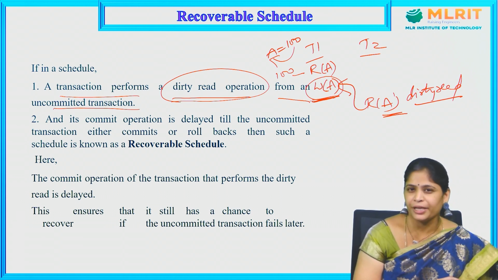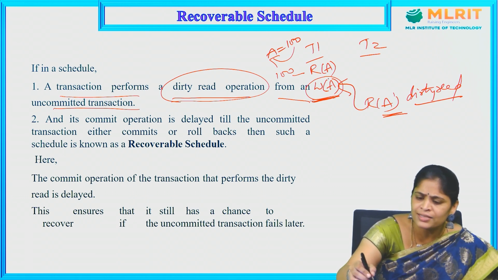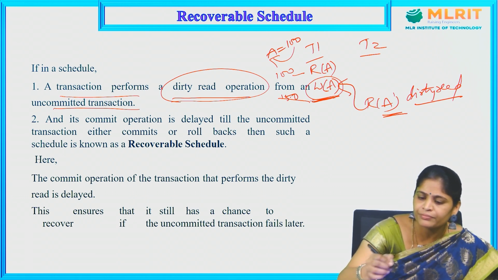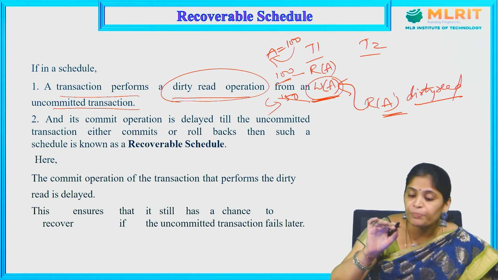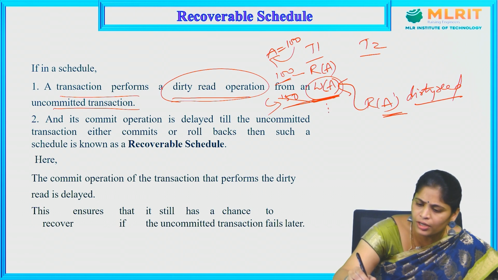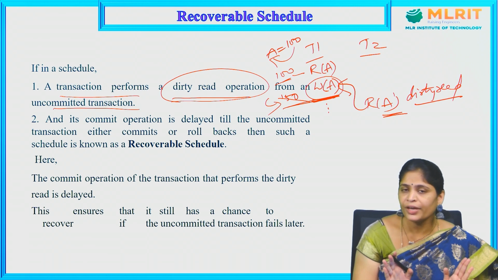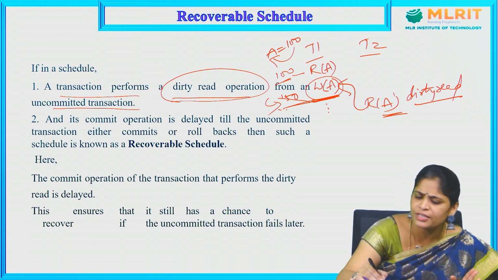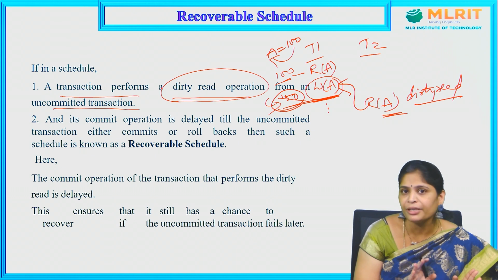That is nothing but update. I am updating this 100 as 150. Before committing, that means I am not committing at all, I am just updating in the local buffer. What is the value in the local buffer? 150. But I have not yet committed.